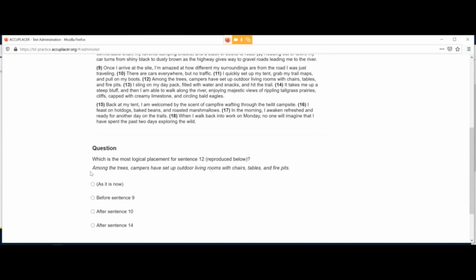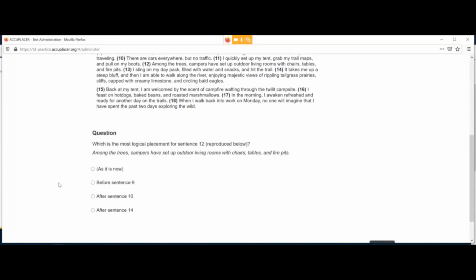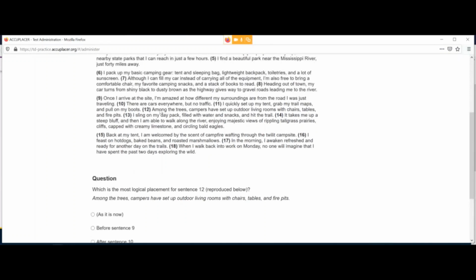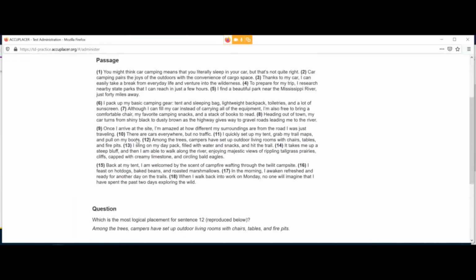Let's look at the sentence, sentence 12. Among the trees, campers have set up outdoor living rooms with chairs, tables, and fire pits. Okay? Now, it's asking you to determine the correct placement for sentence number 12 in the context of the other sentences. So let's go to sentence number 12, which is contained here in the third paragraph.